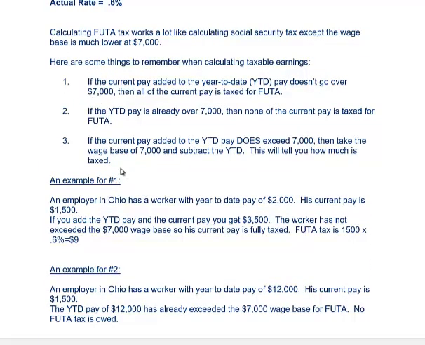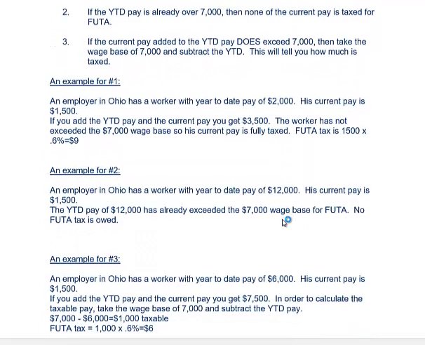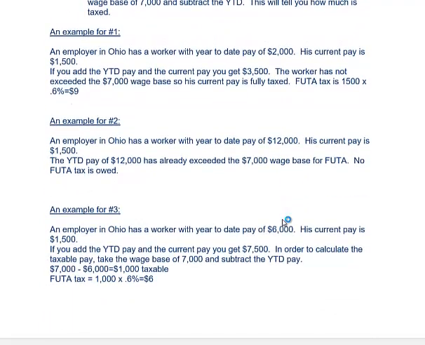If the current pay added to the year-to-date pay does exceed $7,000, then take the wage base of $7,000 and subtract the year-to-date pay. This will tell you how much is taxed. So let's look at example 3.